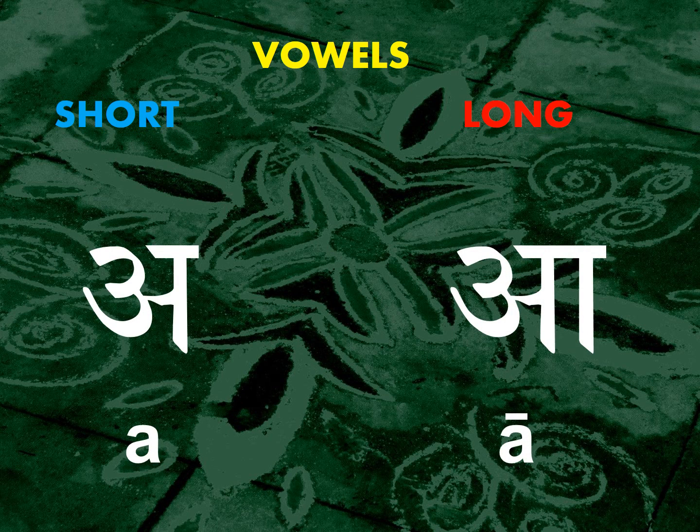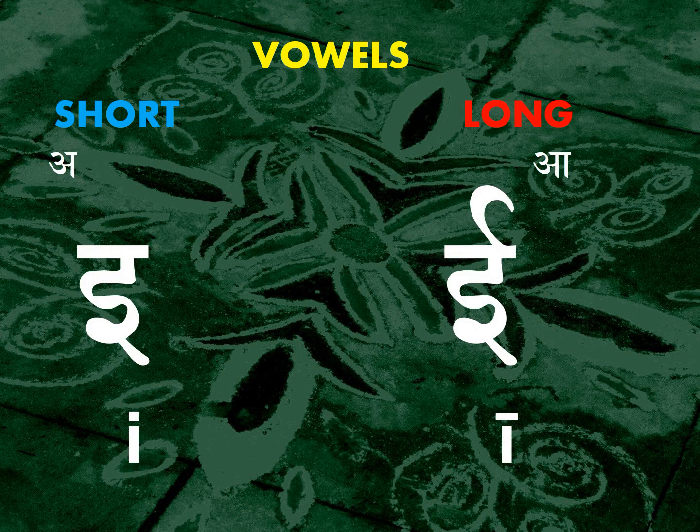There is the short a and the long ā, which of course are the short and long versions of the letter A. They're pronounced a, as in come, or ā for the long one, as in car. Then there is the i, pronounced i, as in it, and the long version is ī, as in see.